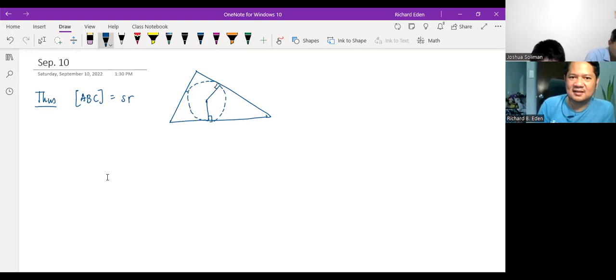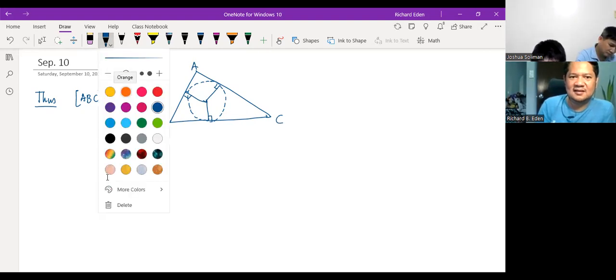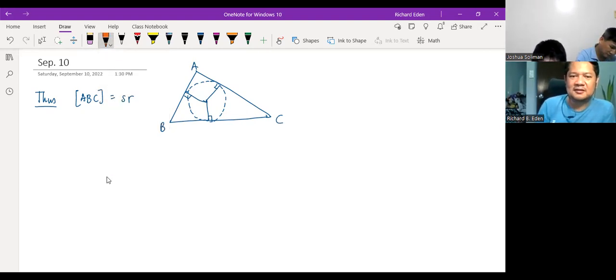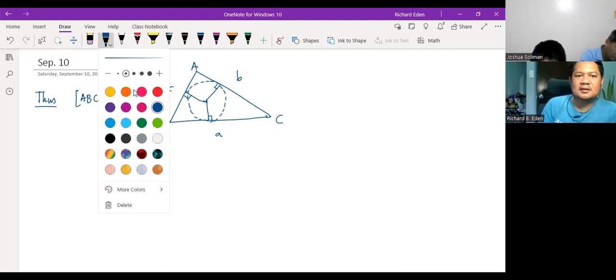Let's say po yung BC is A, para mas madali. Yung AC is B, and then AB is C. Tawag nun, kung i-divide niyo po yung triangle into three other triangles: A times the inradius, B times the inradius, C times the inradius.